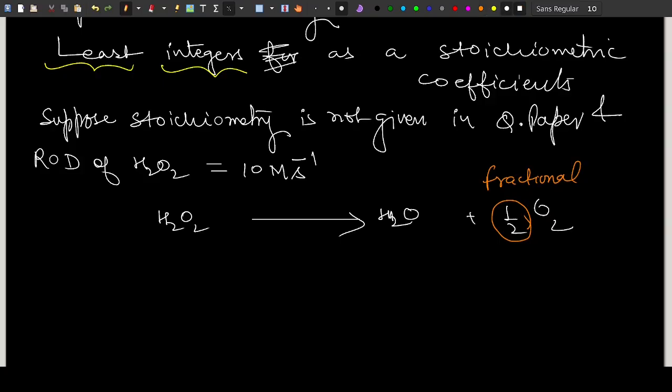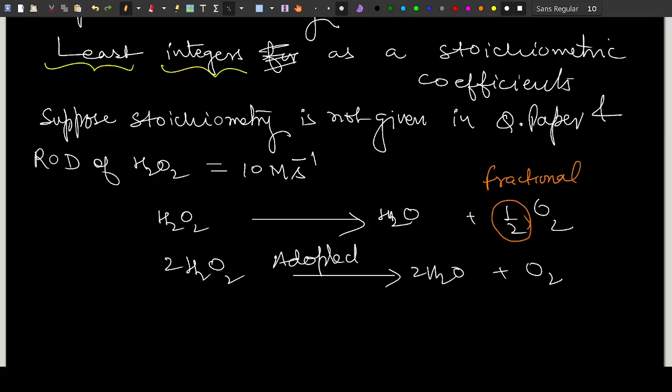We should adopt the stoichiometry in which the stoichiometric coefficients are least and integers. So 2H2O2 gives 2H2O plus O2. This is the adopted stoichiometry.